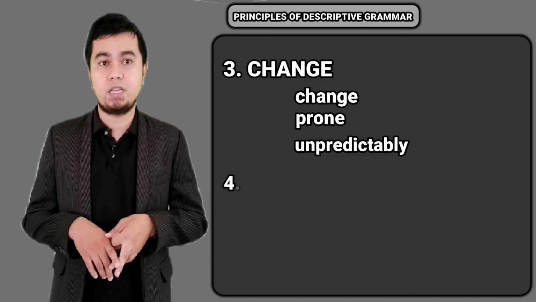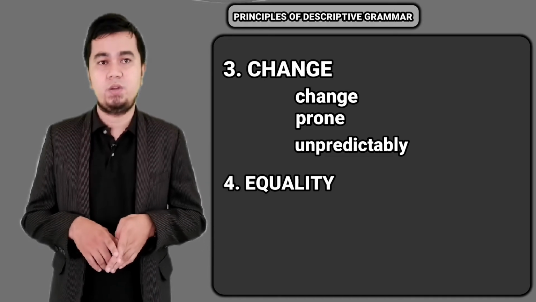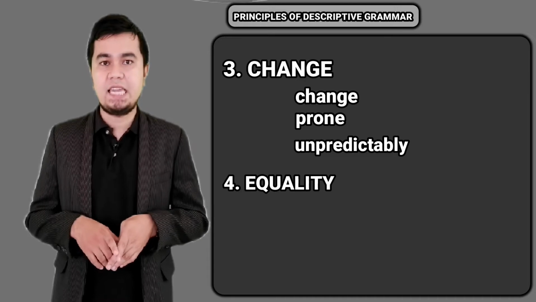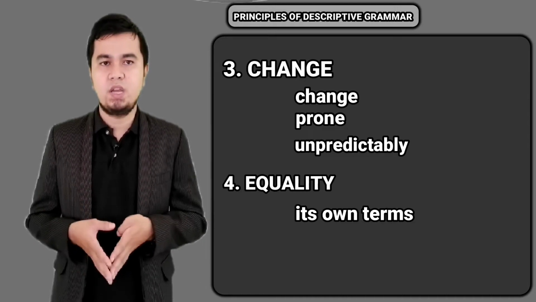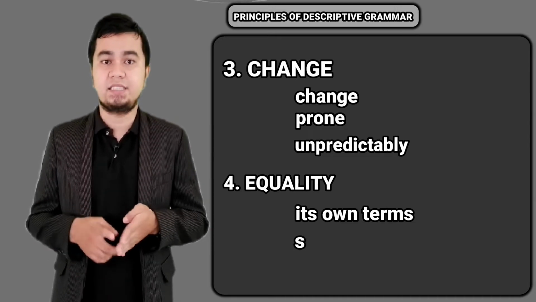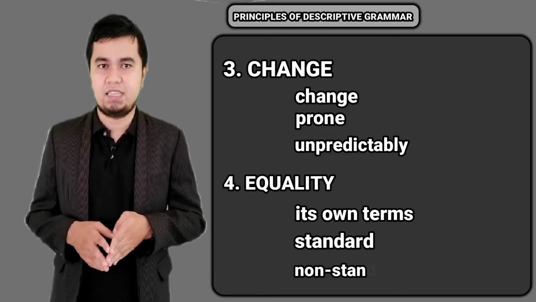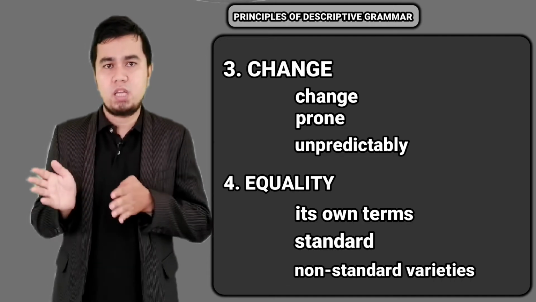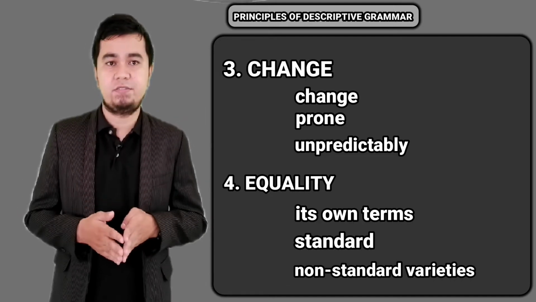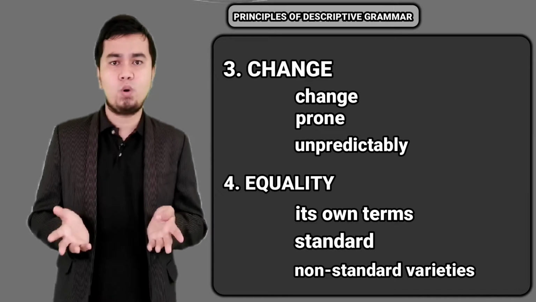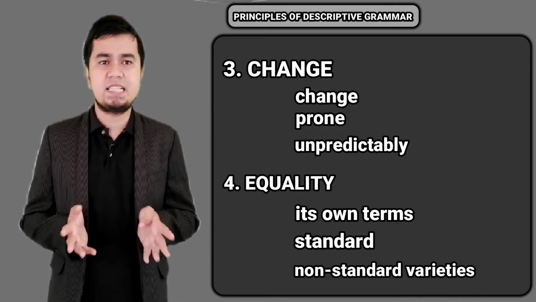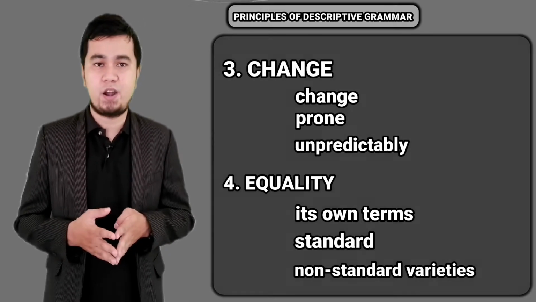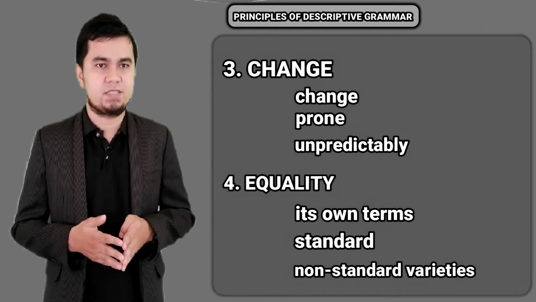The number 4 is equality, which defines a language in its own terms. So description includes standard and non-standard varieties because both are used in daily life by the speakers from all walks of life. So it does not impose findings from the description of other languages.